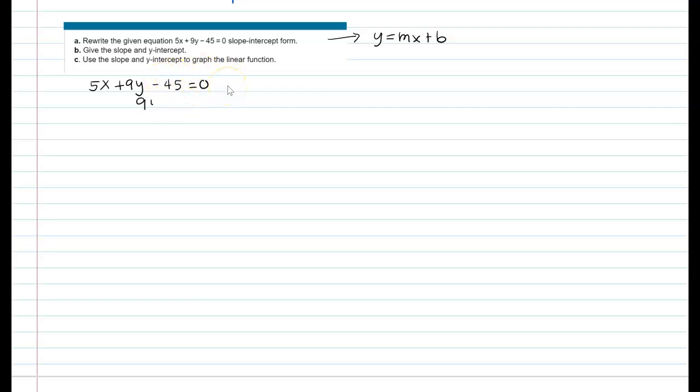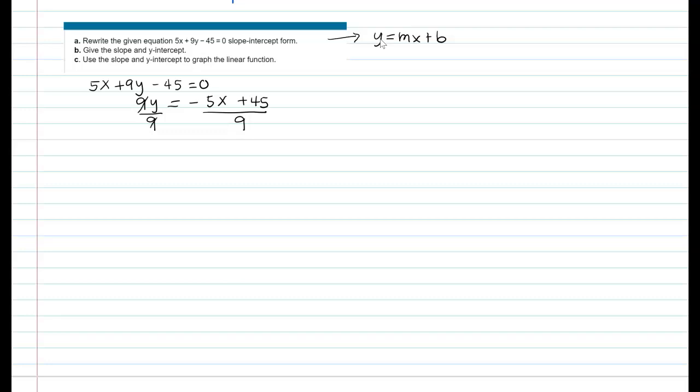So you have 9y equal to negative 5x plus 45. Then you can divide both sides of the equation by 9 to only have y on this side, because you know the coefficient of y is 1.